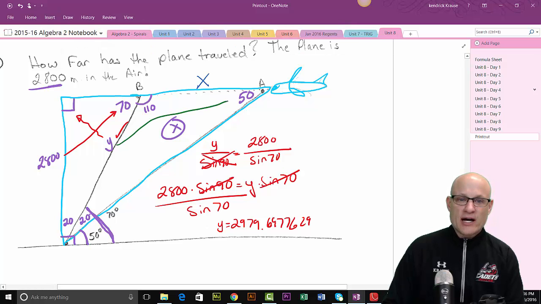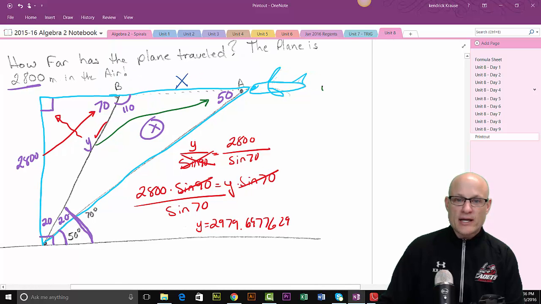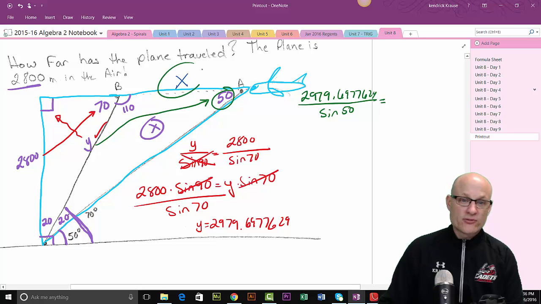Well, y is opposite the 50-degree angle. So I'm going to do y over, oh wait, I know what y is. Y is 2,979.6977629 over the sine of 50 is equal to x, which is right here, and it's opposite that little angle right there, which is 20.